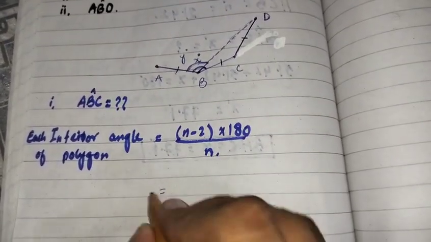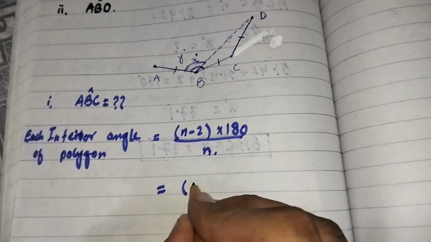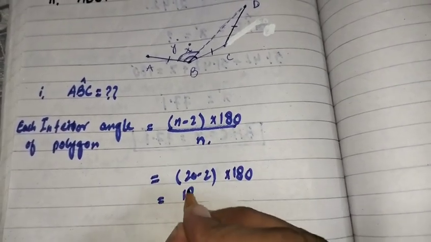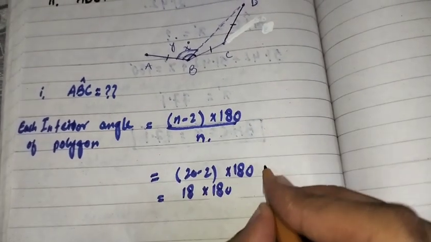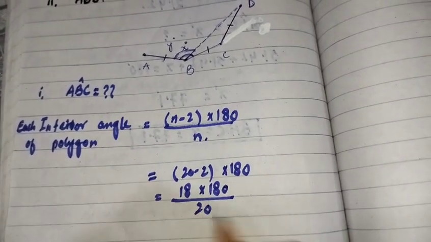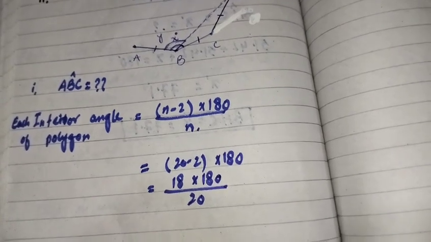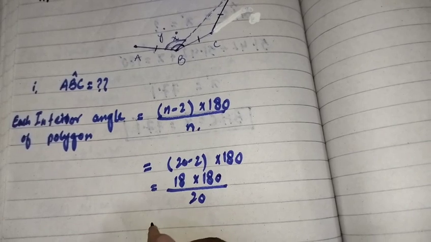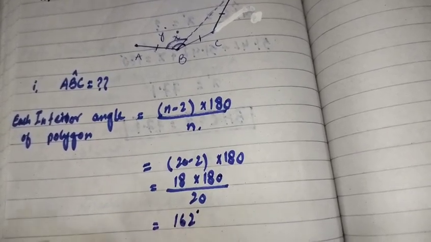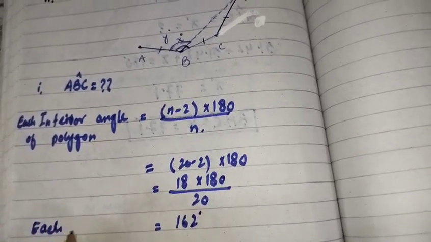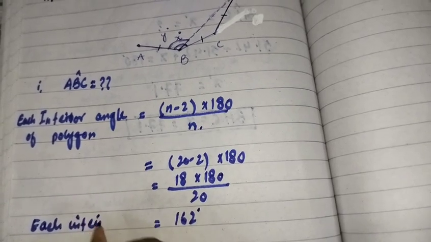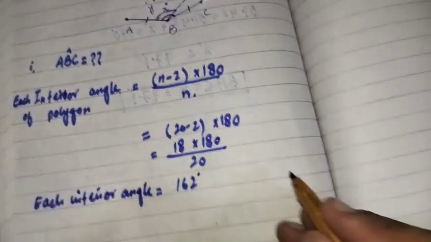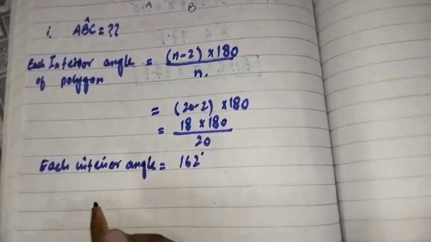There are 20 sides in the given polygon, so 20 minus 2 into 180, which is 18 multiplied by 180, divided by 20. So each interior angle will be 162 degrees.